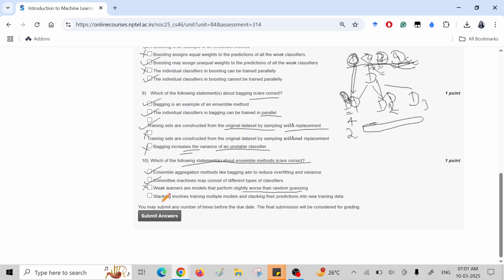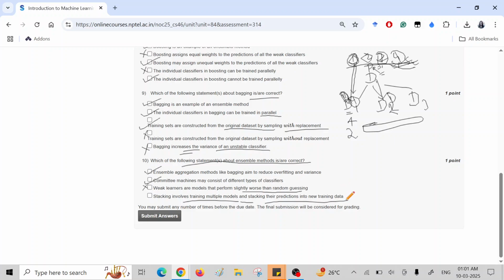Then the last option: stacking involves training multiple models and stacking their predictions into new training data. Yes, stacking involves training multiple models, for example decision tree, neural network, KNN classifiers, or different models, and stacking their predictions into new training data.